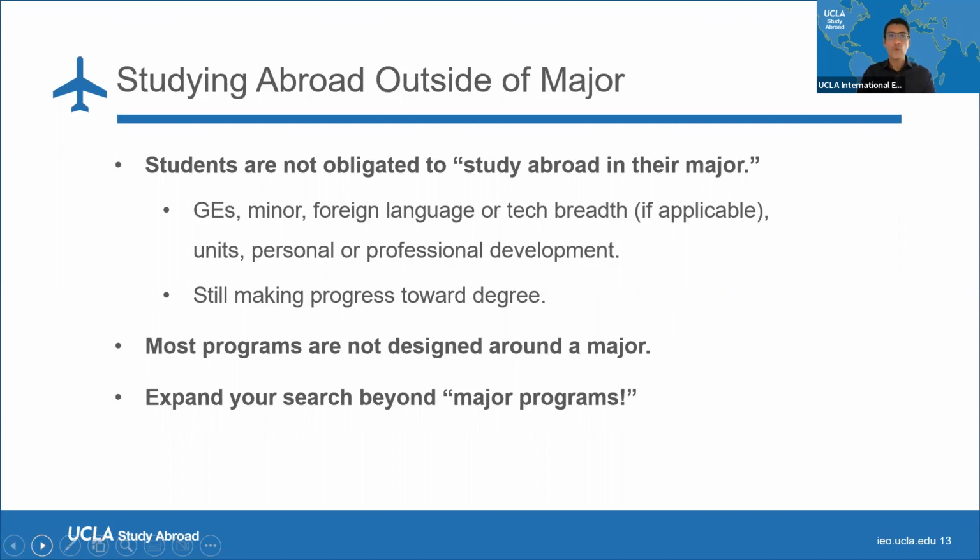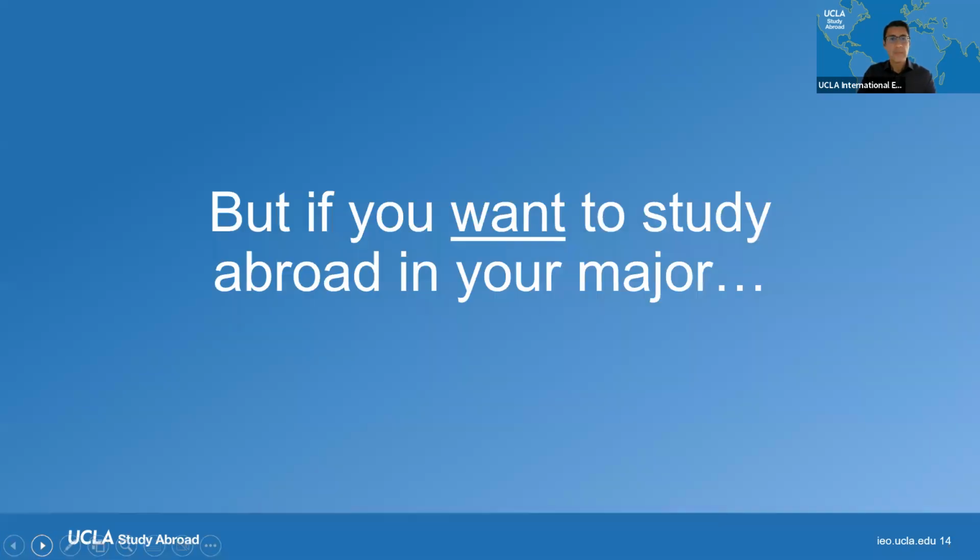Because again, if you do a program with UC, University of California, grades, units, GPA, they will show up on your UCLA transcript. So not all programs are designed around your major, but again, just be open in choosing your program and choosing classes abroad.